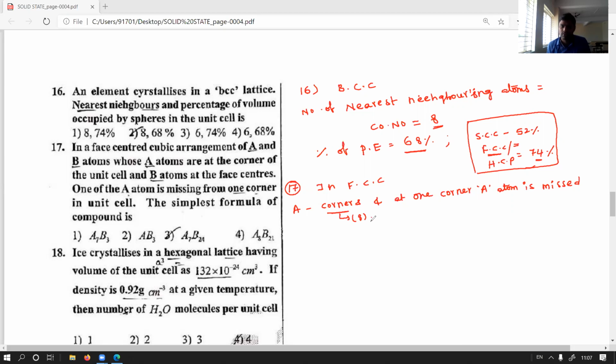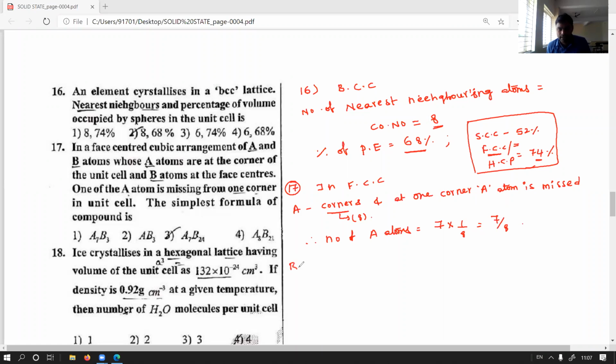The contribution of an atom at a corner is equal to 1 by 8. Therefore, the number of A atoms: out of 8 corners, only 7 are present. Then 7 atoms are present and 7 into its contribution 1 by 8 is equal to 7 by 8.